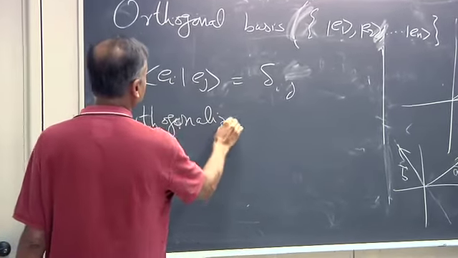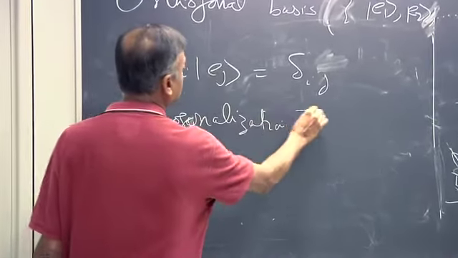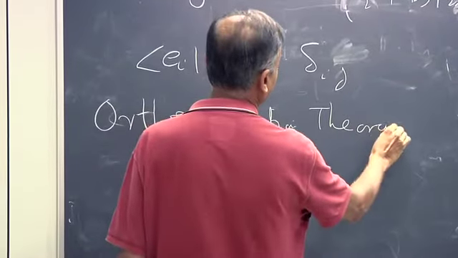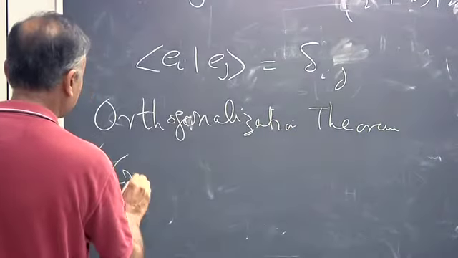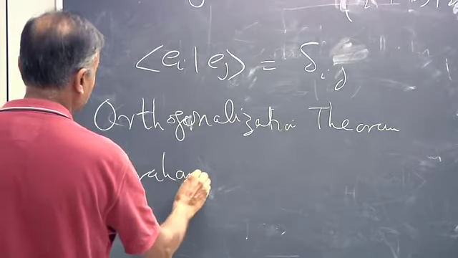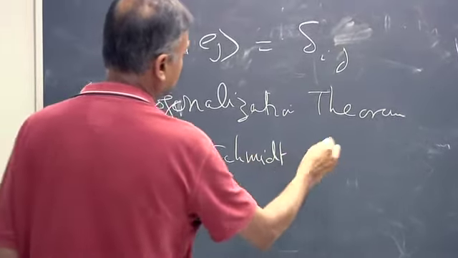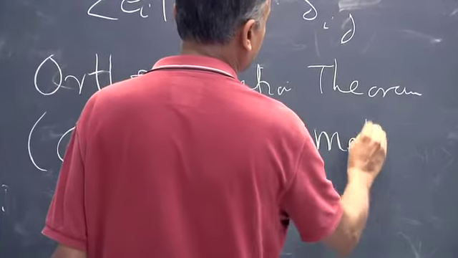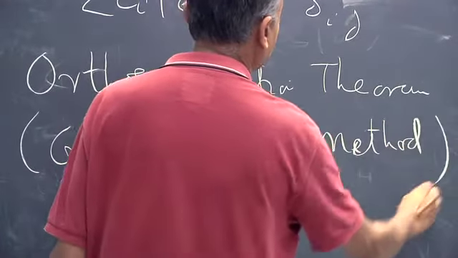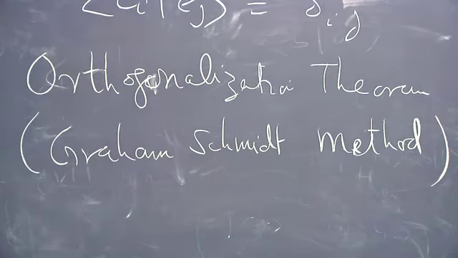It is also called the Gram-Schmidt procedure, or the Gram-Schmidt method. There is a theorem which says that it's always possible to choose an orthogonal basis.